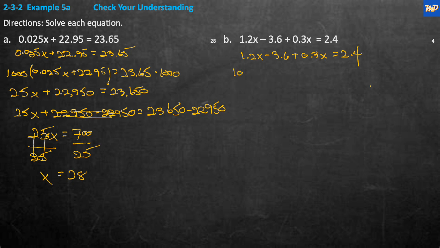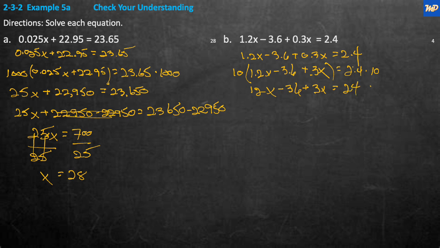We're going to get 10 times the quantity 1.2x minus 3.6 plus 0.3x equals 2.4 times 10. So on this side we get 12x minus 36 plus 3x equals 24.